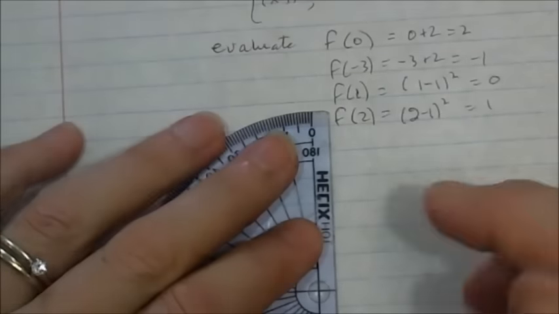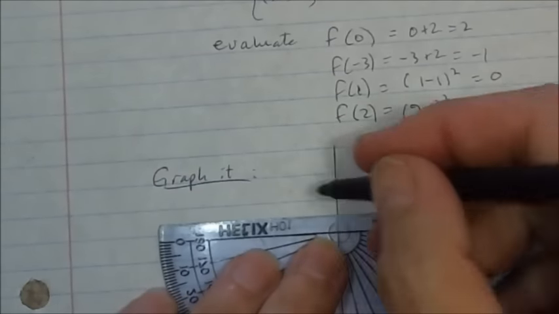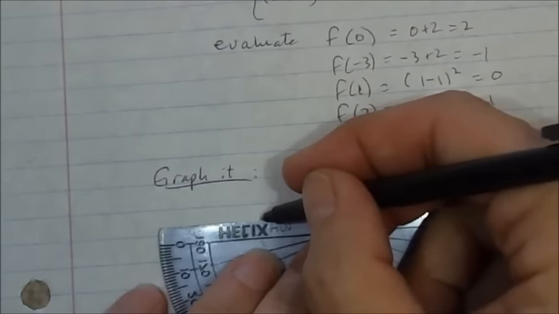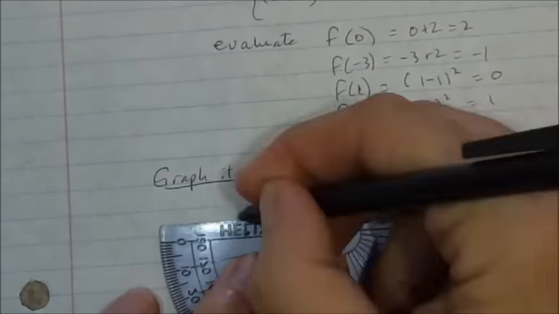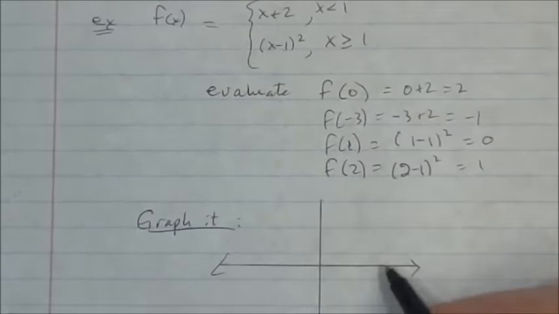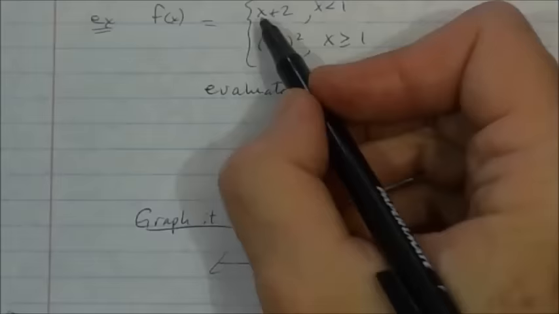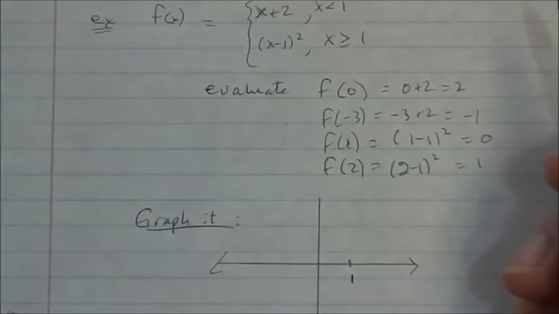So if we wanted to graph this, we set up our xy axes. We notice that there's a breaking point of x equals 1 because that's where the definition changes. So x equals 1 here. We're going to put x equals 1 here, and to the left of x equals 1, we're going to graph the function x plus 2.